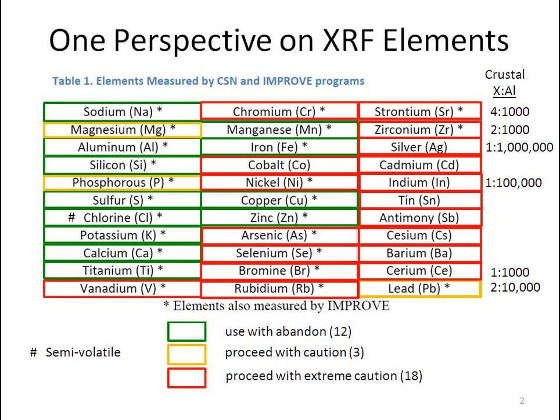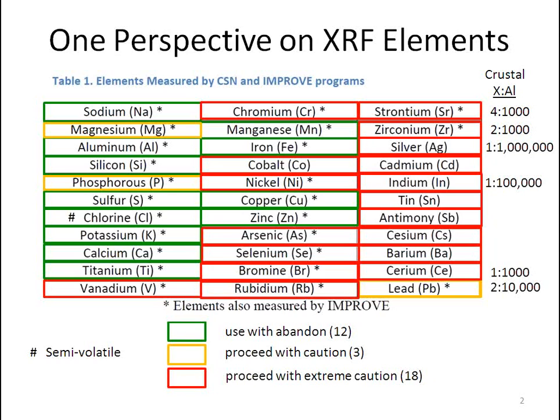They're my personal rankings. That's why I call this one perspective. I don't expect it to be universally applicable, and I don't expect it to be universally believed. But I think almost anybody could come up with a similar ranking. And so what we have is, out of 33 elements, I'll just cut to the chase.